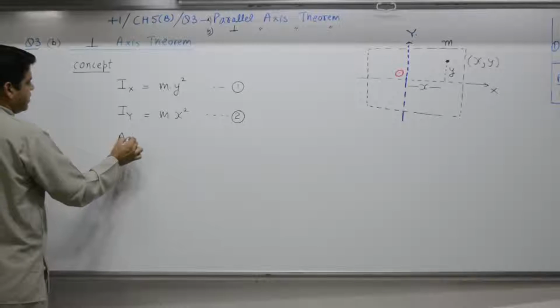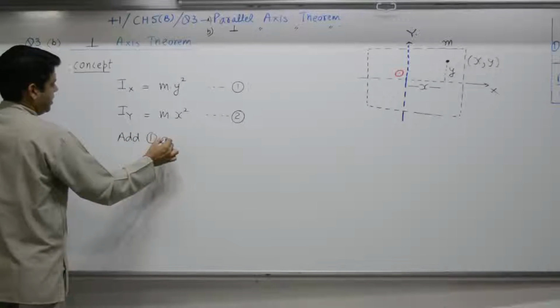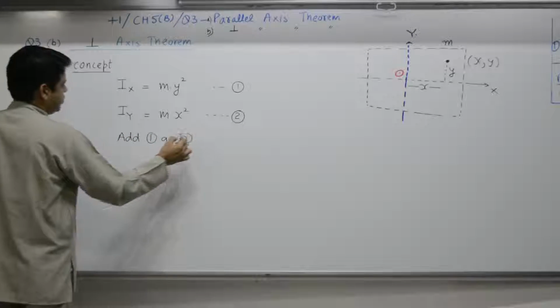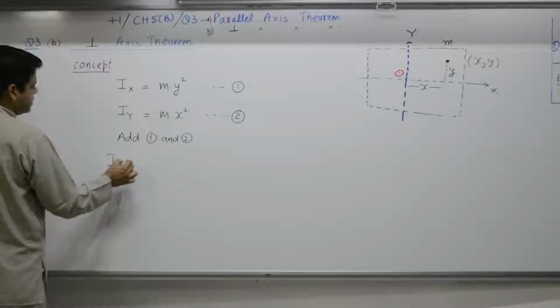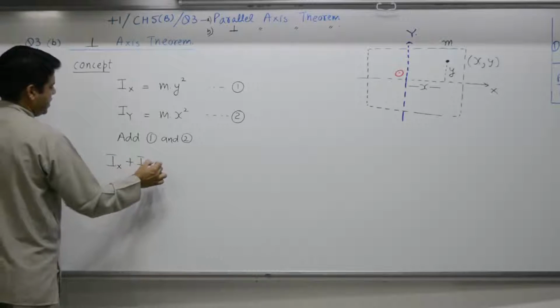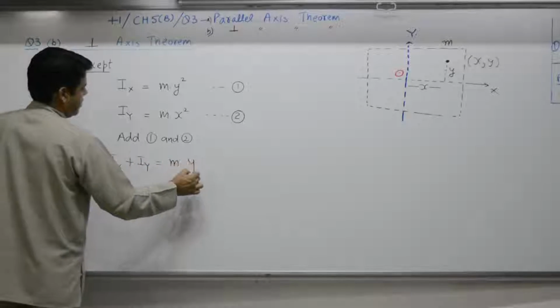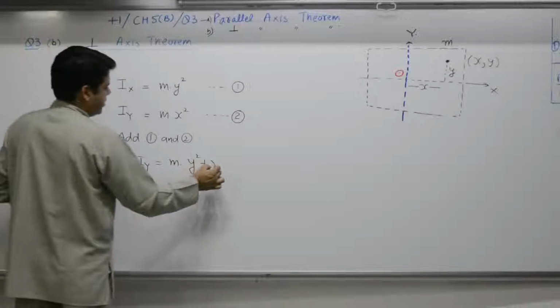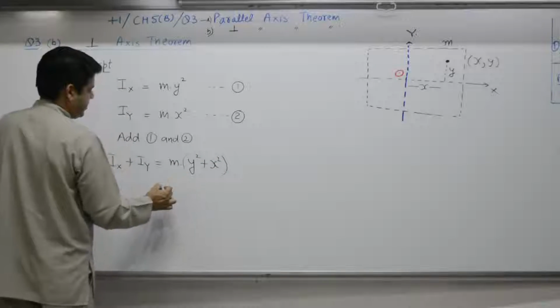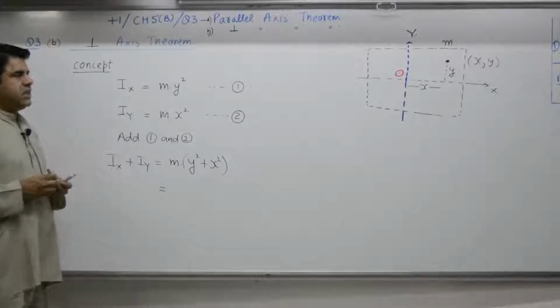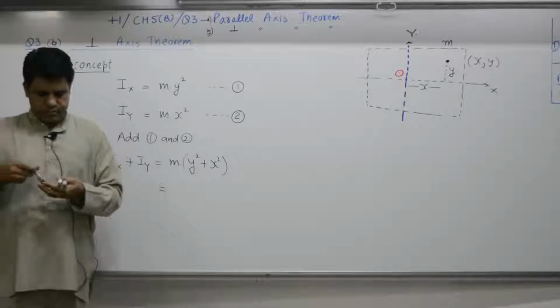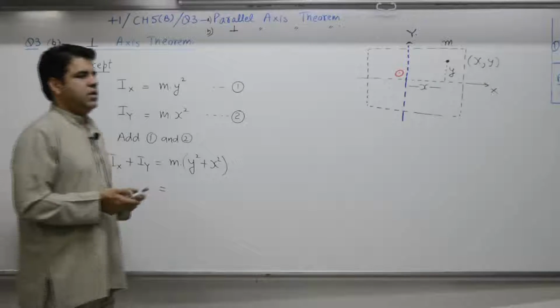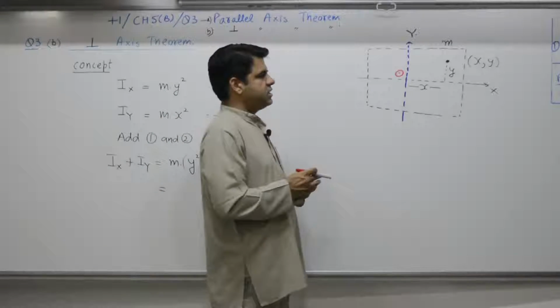Add equation number 1 and equation number 2. Ix plus Iy is equal to m into y square plus x square. x square plus y square is equal to what? Yes, x square plus y square.